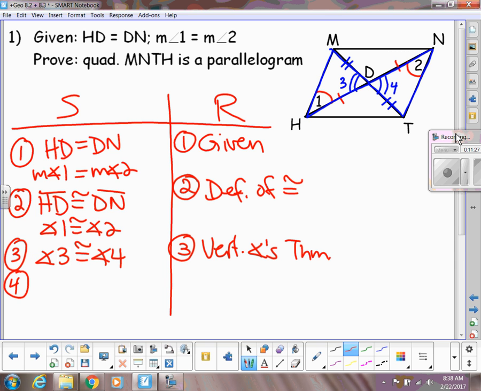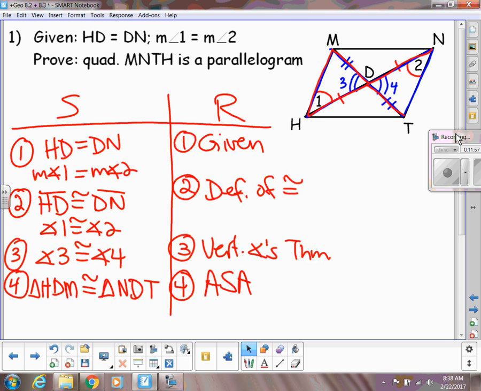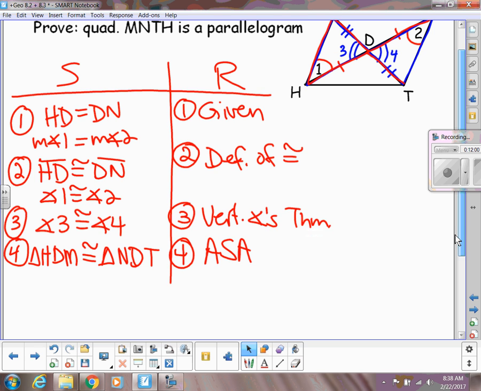And the reason we were liking that is because then we could say these triangles, that would be HDM, is congruent to NDT. So triangle HDM is congruent to triangle NDT. And that reason is angle side angle. That is important because now we can use CPCTC.